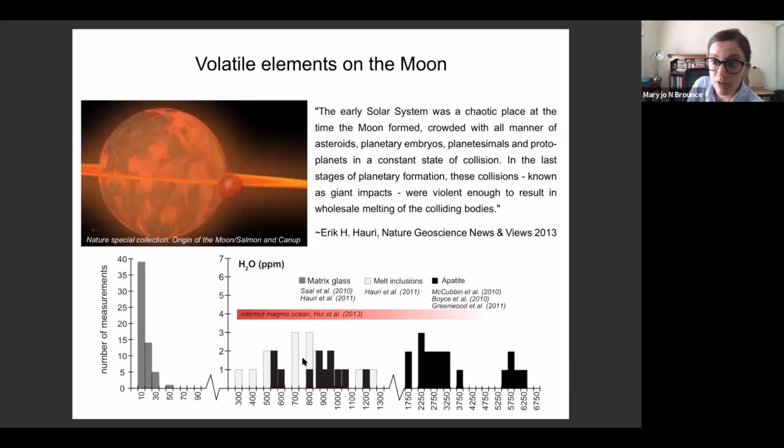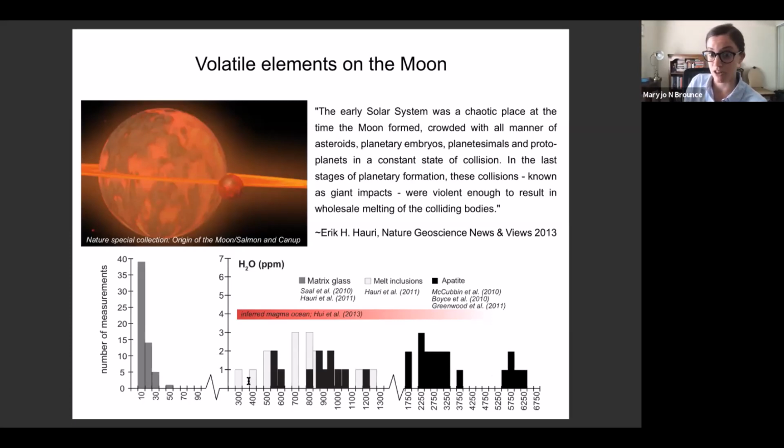This observation extends to the apatite record, which is a phosphate mineral that can incorporate water into its mineral structure, where Francis McCubbin and Jeremy Boyce and Jim Greenwood at the same time were finding that there are hundreds to thousands of ppm water bound in apatites from the lunar rocks. And when you get up to 1,000 ppm and higher, you start approaching water concentrations like we expect on Earth.